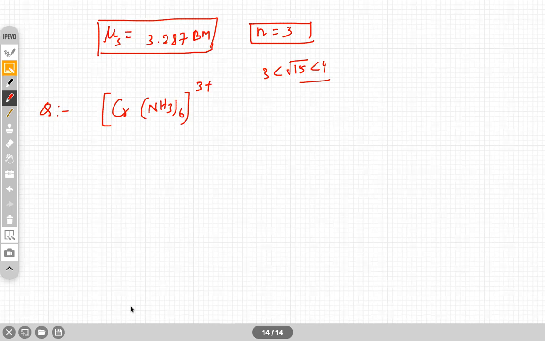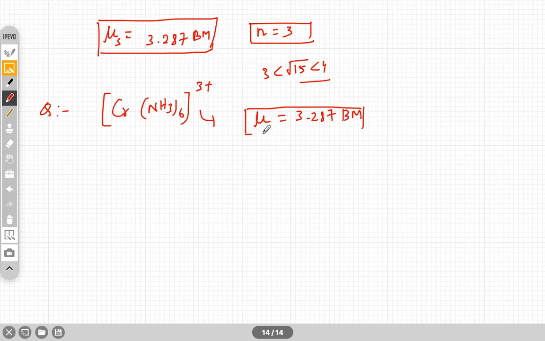No, actually here, in the question if they ask, usually they give the magnetic moment, the mu value. That is 3.88. This is the magnetic moment we observe. Then they'll ask you what is the hybridization and all. Why I'm giving this here is because you should know that for chromium also, this pairing is not happening.